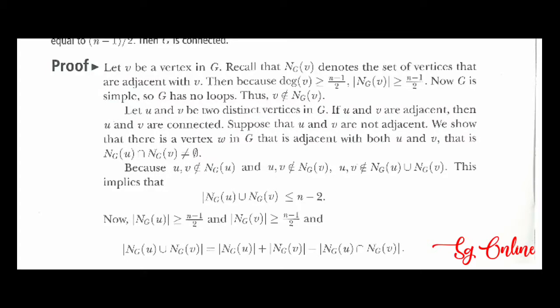But you see that the neighborhood set of u and the neighborhood set of v separately have cardinality at least (n minus 1) by 2. Now we are just applying a very simple set theoretic result. You know that the cardinality of the union of two sets is equal to the cardinality of each set added, and then minus the cardinality of the intersection of these sets.